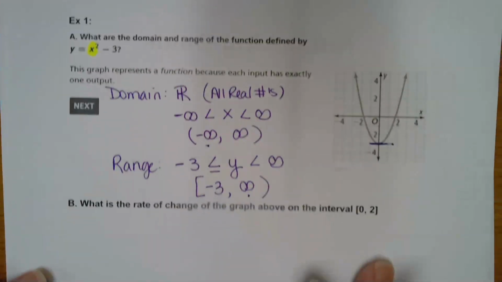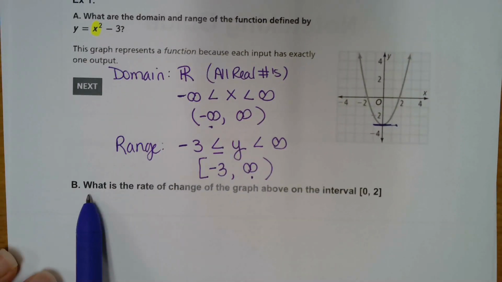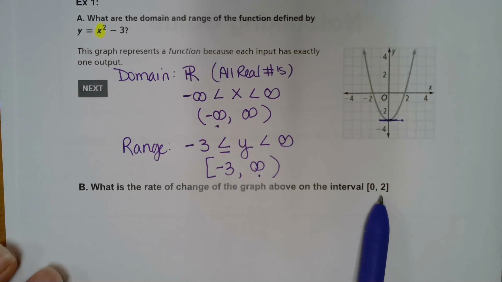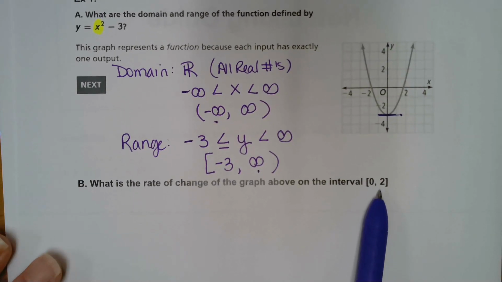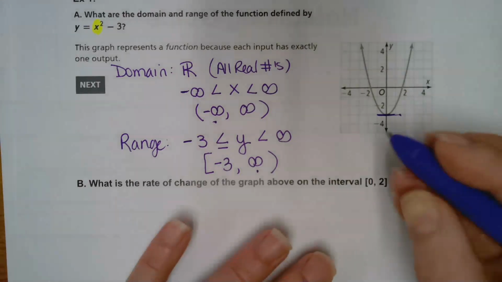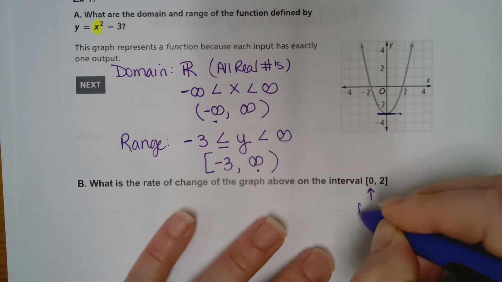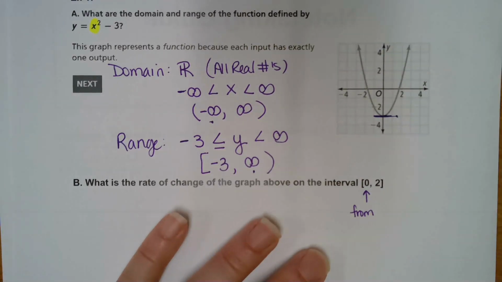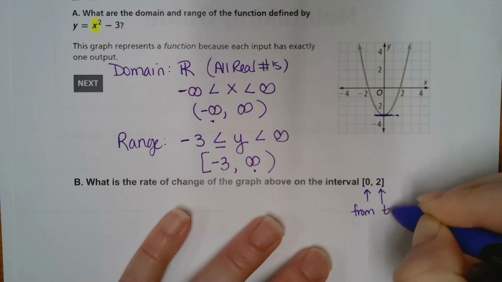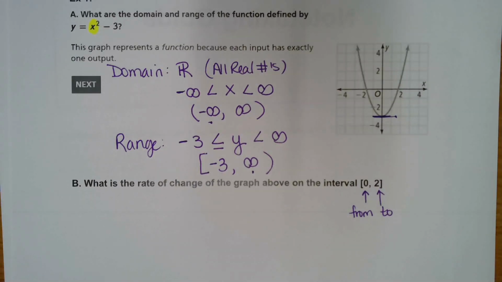Let's take a look at an example. This question asks for what is the rate of change on the graph above? Now, some people get confused because they're like, that's a point, 0, 2. No, this is referring to an interval, okay? This means from 0 to 2, okay? These are x values.